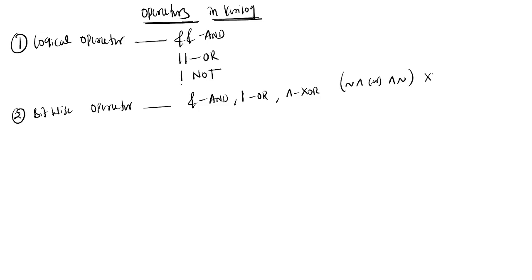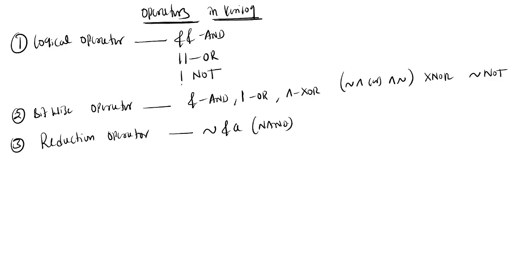And this is the not operator. Next you have reduction operators, which are unary operators. In reduction operators, you have NAND of A and NOR of A, like that.